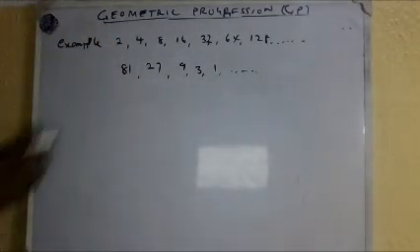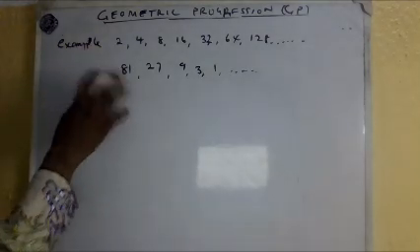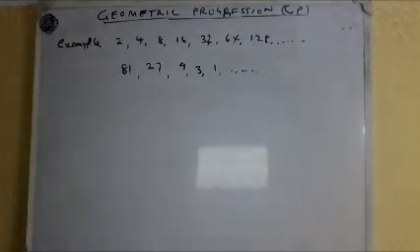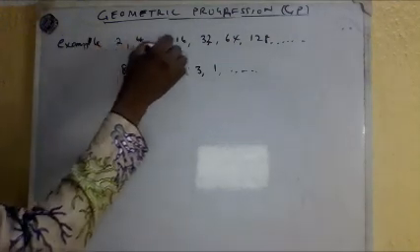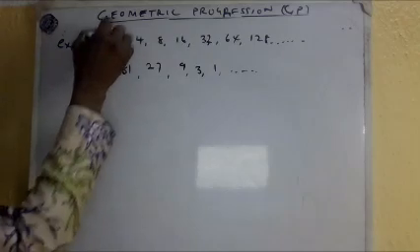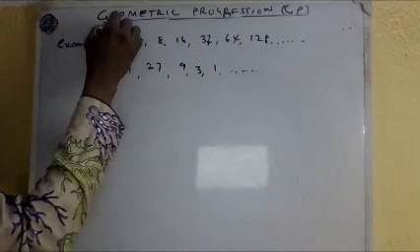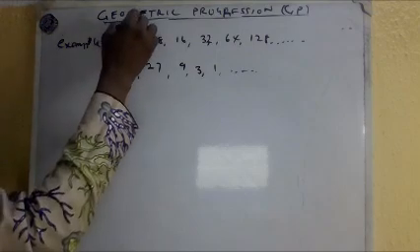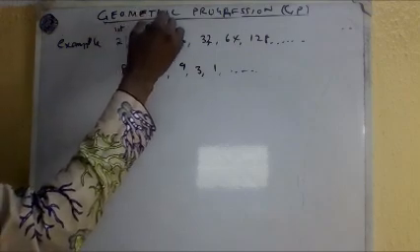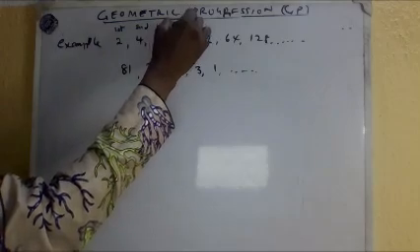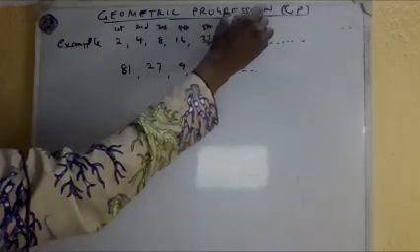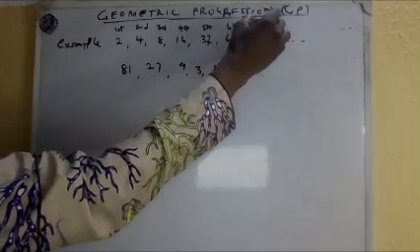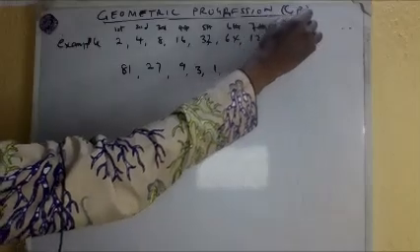Now, in these two examples of a sequence, the first thing you identify is that each number occupies a position. So this is the first term. This is the second term. This is the third term. This is the fourth term, the fifth, the sixth, the seventh, and nth.